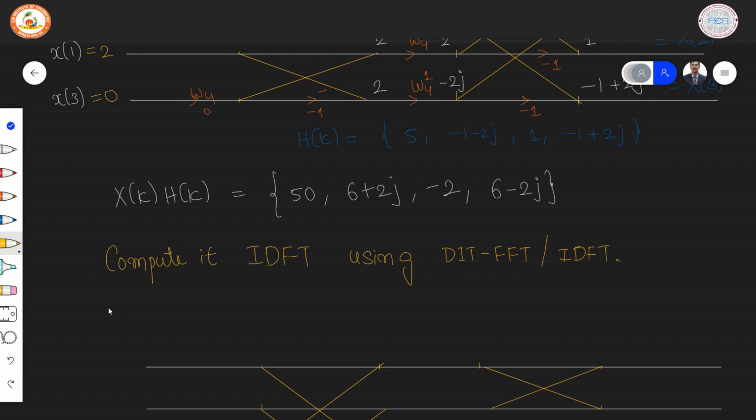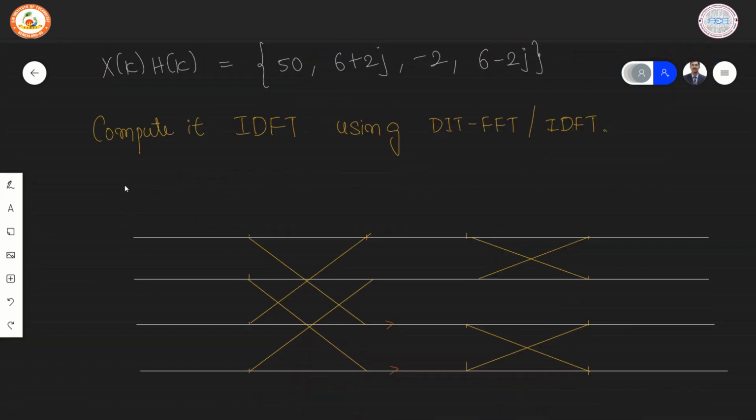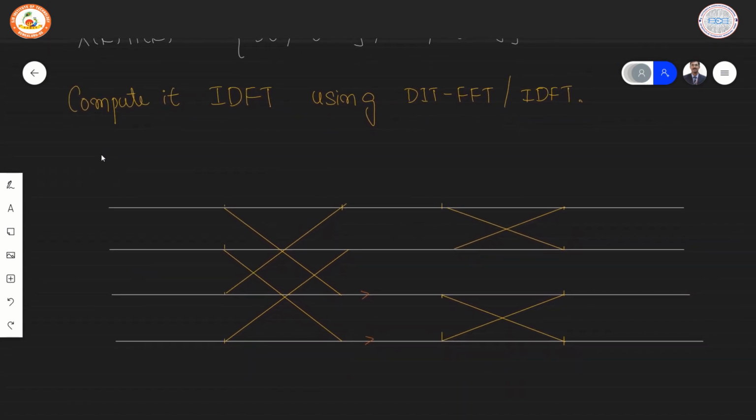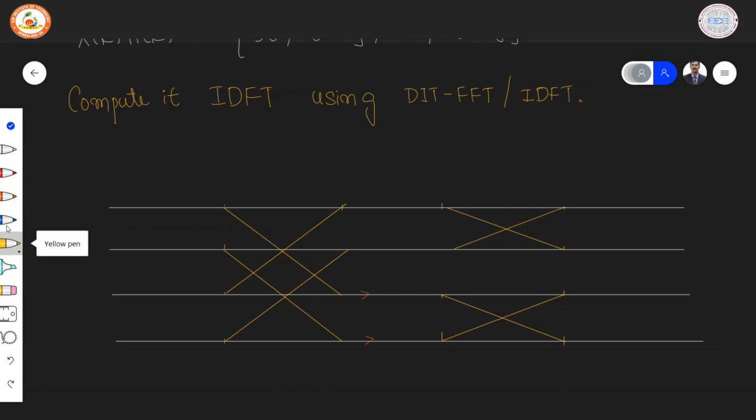Let us have a look at the structure now. Since it's an inverse structure, we realize that the inputs will be x of k. So applying inputs x of k, we will generate the result which corresponds to x of n. The inputs here are in sequence.